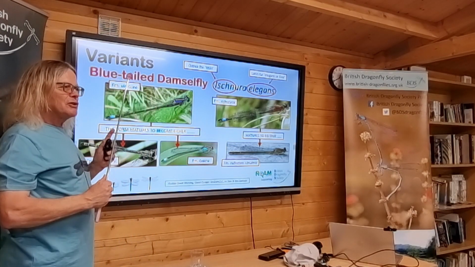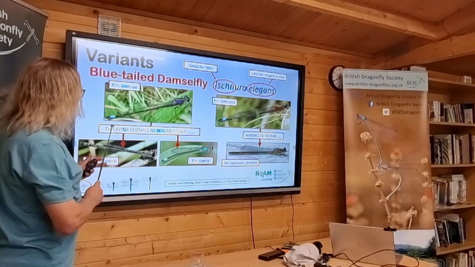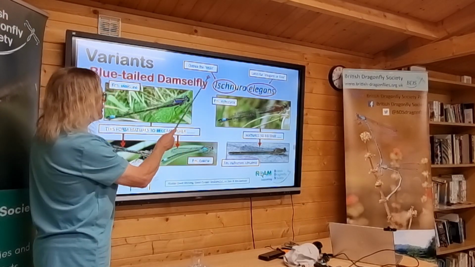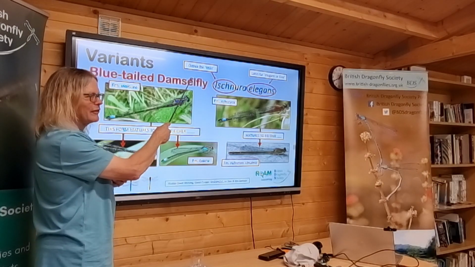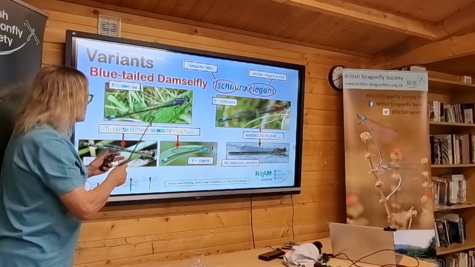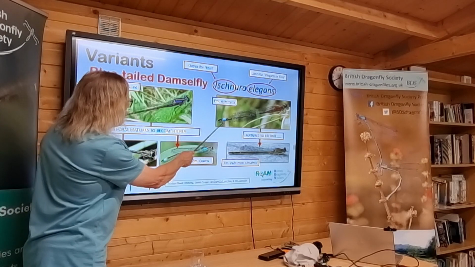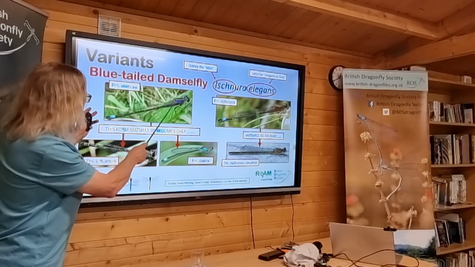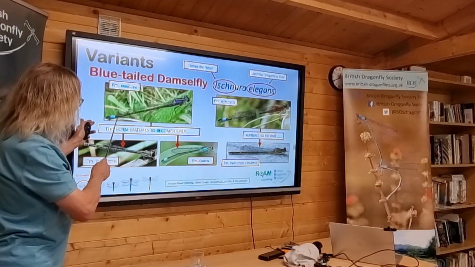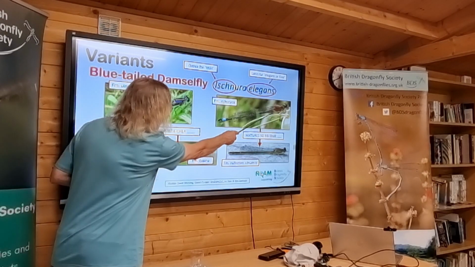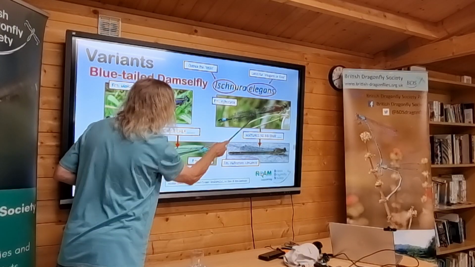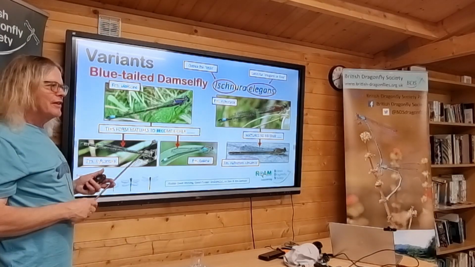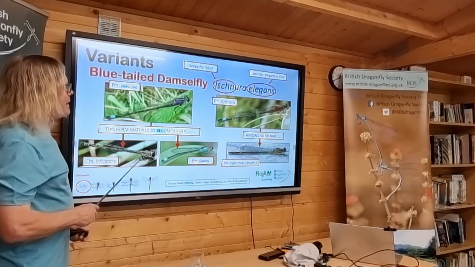But both immature females always have the blue tail on the 8th segment. So you'll see the male with the blue tail on the 8th segment, and these two versions of a female with the blue tail on the 8th segment. So if you see a violet damselfly like this with a blue segment there, or a ruddy red one, rufescens, with a blue segment there, they are female blue-tailed damselflies and nothing else.